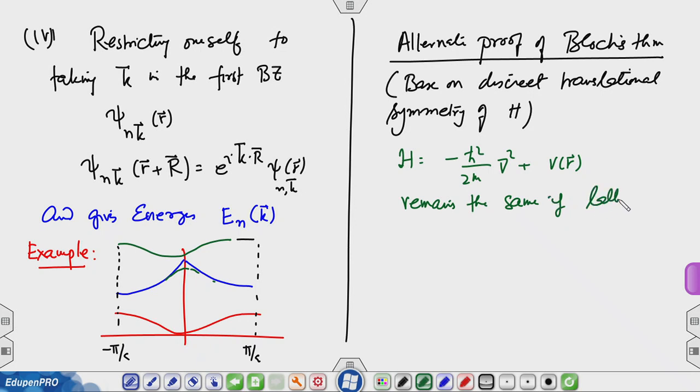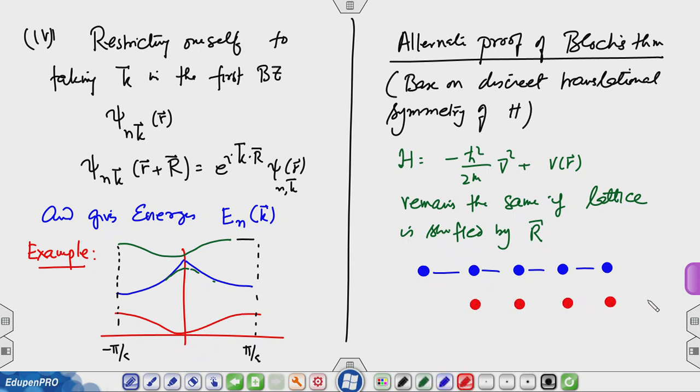if the lattice is shifted by R. So, what one is saying is that if I had this lattice, I am showing it in 1D, and I shift it by one lattice vector, or shift it by one lattice vector the other way, or shift it by 2 lattice vectors, the whole thing looks the same.